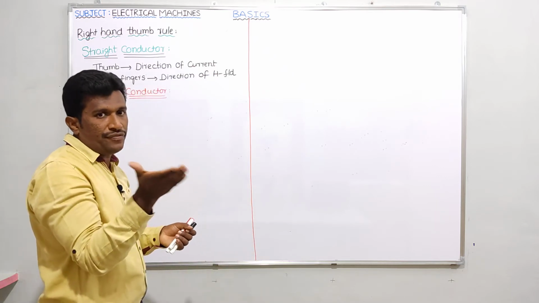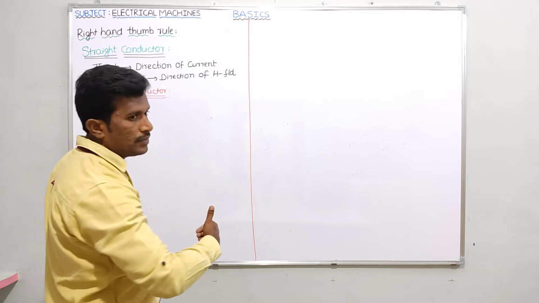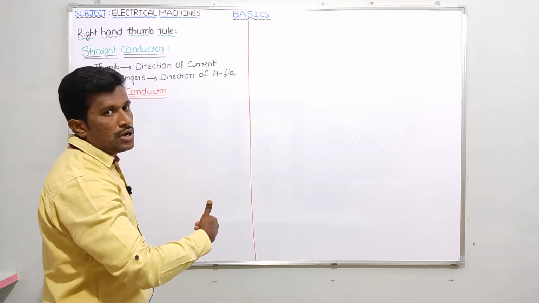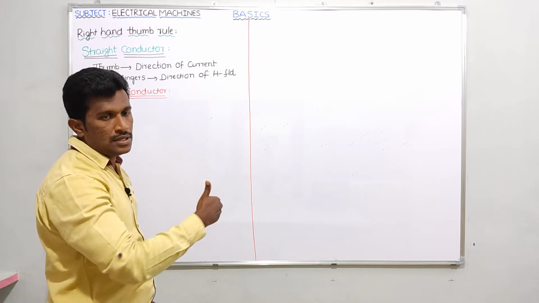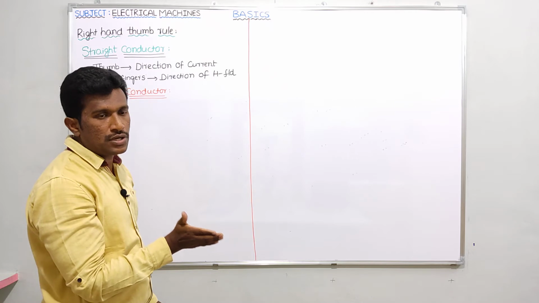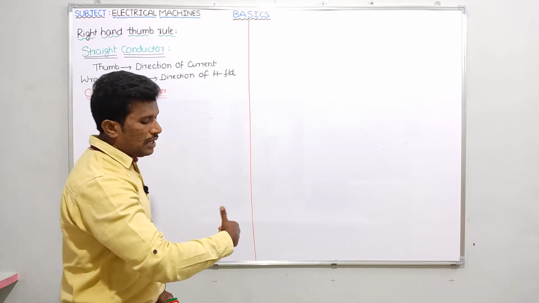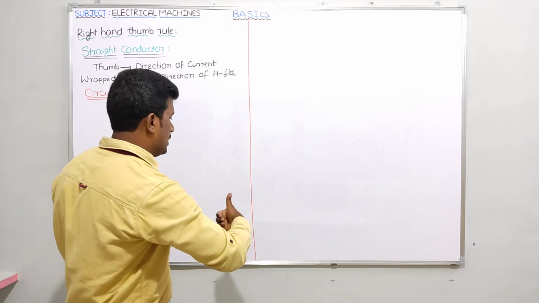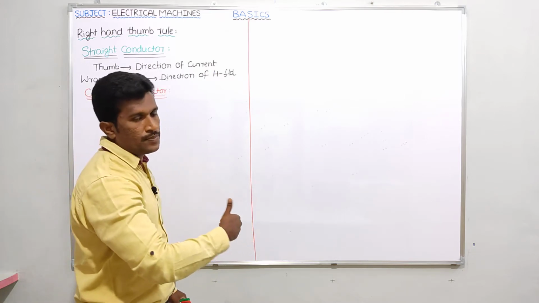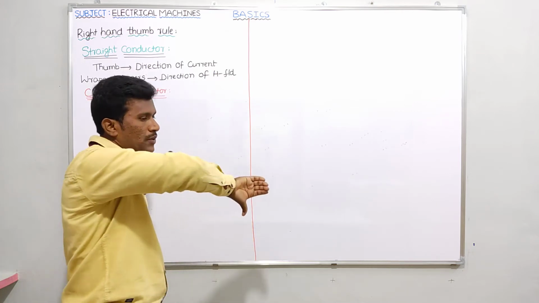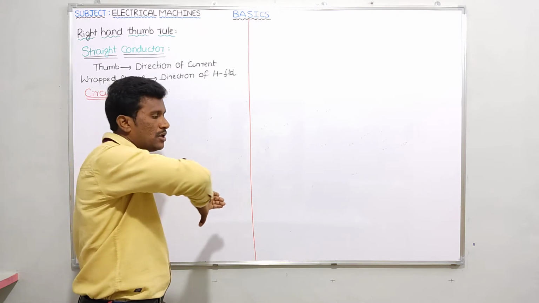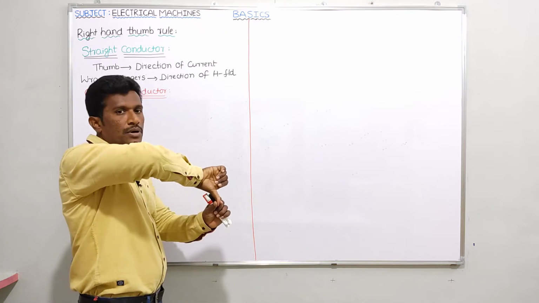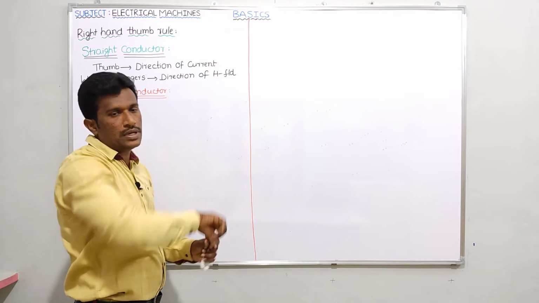That means wrapped fingers indicate direction of current, whereas thumb indicates direction of flux. So current flowing anti-clockwise means flux will be upwards. Suppose current is flowing in a clockwise direction, wrapped fingers indicate direction of current, so the direction of flux will be downwards. Very simple.